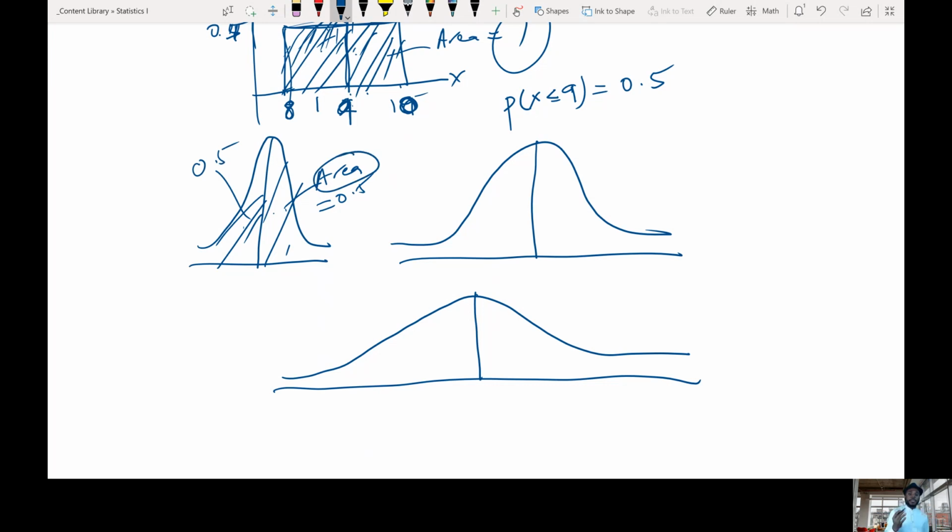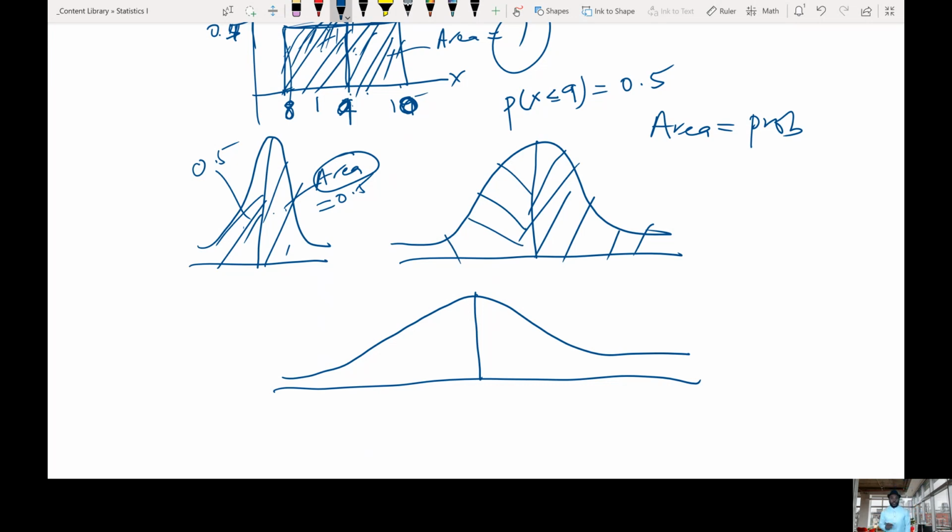So when we say area, think about probability. Whenever I say the word area, I'm also referring to the word probability. So that is the area under the curve. This area is 50%. This area too is 50%.